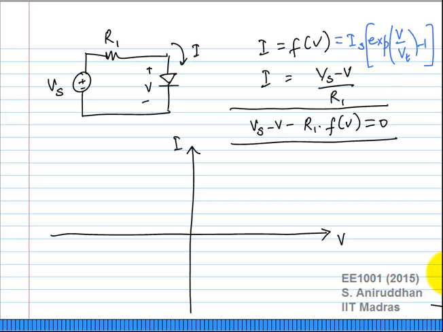I need to plot both of these on the same set of axes. So let me call this A, let me call this B. A looks something like this.